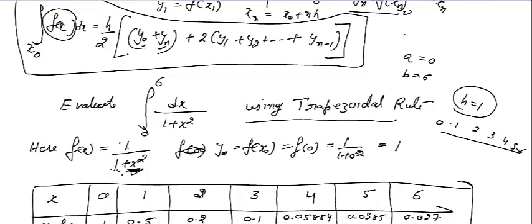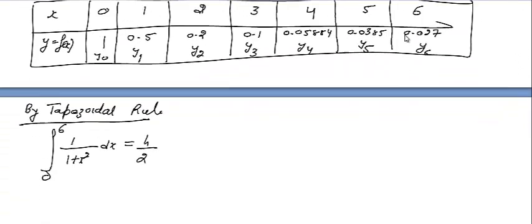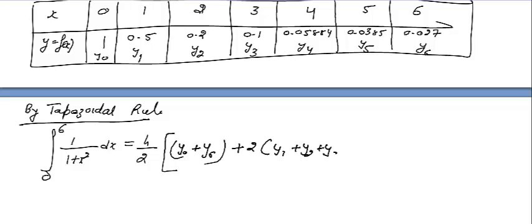So y0 and yn, here n is 6, so y0 and y6 will be here. The first and last are without twice, the others will be with twice. Means first and last you will add only once, others you will add twice. So you have y0 plus y6 plus 2 times the rest: y1 plus y2 plus y3 plus y4 plus y5.